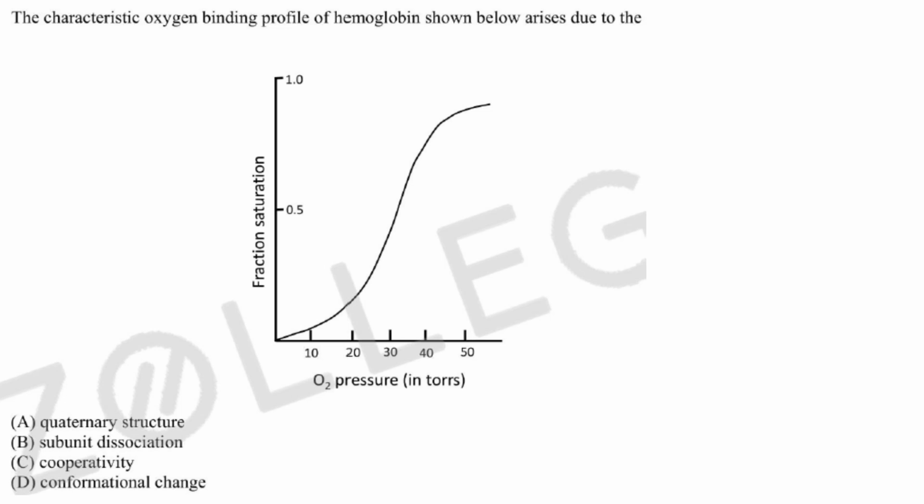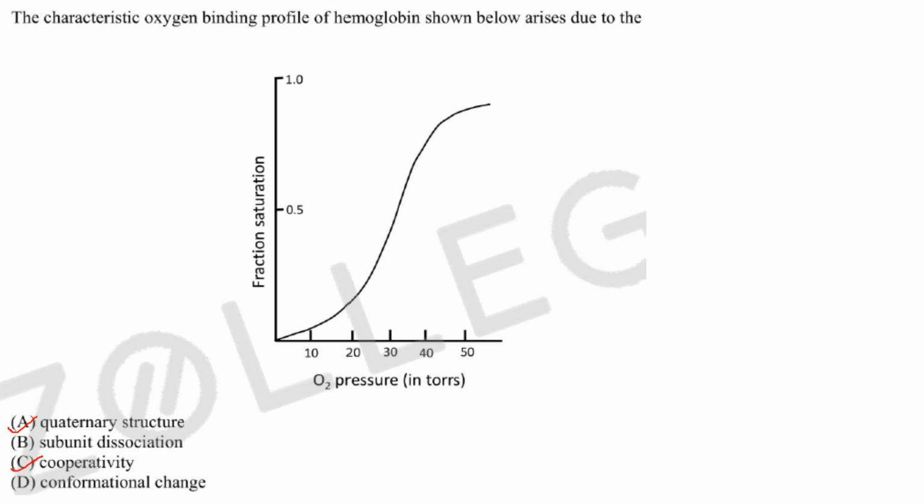So it shows a high affinity for oxygen through cooperative binding, which means one molecule of oxygen bound to hemoglobin will enhance the binding of further oxygen molecules to hemoglobin, and that is because hemoglobin has a quaternary structure. So that is correct. Cooperativity, C is also correct.